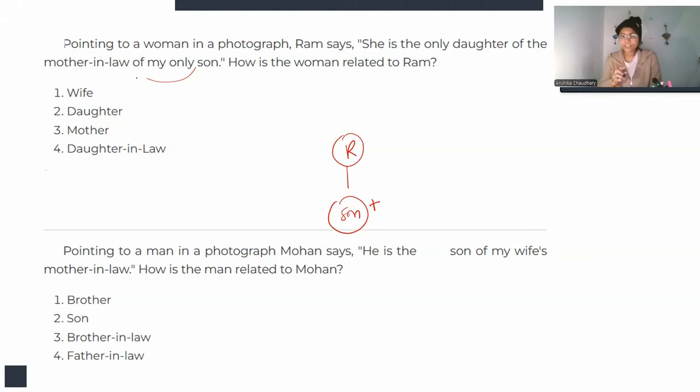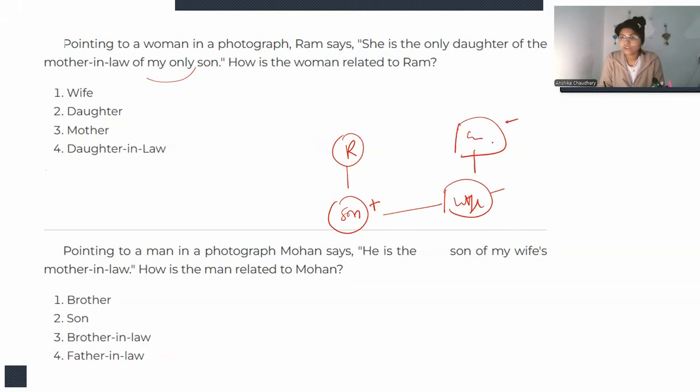So she is the only daughter of the mother-in-law of my only son. My only son, that means I have only one son, right? Mother-in-law of my only son. That means his wife's mother. My son's wife's mother will be her mother-in-law, right? So my only son's mother-in-law, so wife's mother, right?